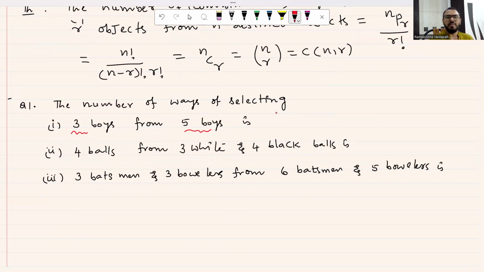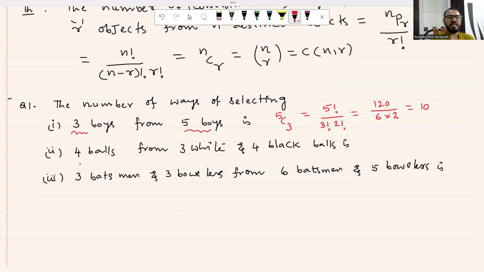So it is 5C3. That's equal to 5 factorial by 3 factorial into 2 factorial. 5 factorial is 5 into 4 into 3 into 2 into 1, which is 120, by 6 into 2. That's equal to 10. I will explain how to do it in a simpler way.